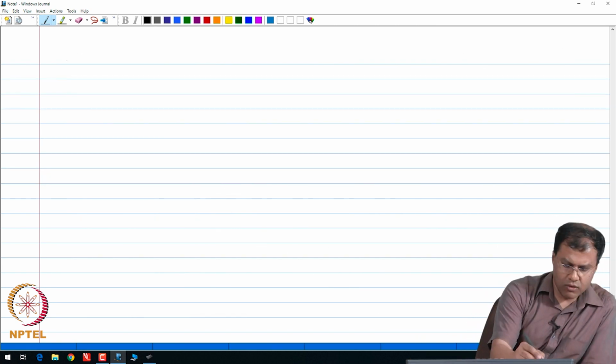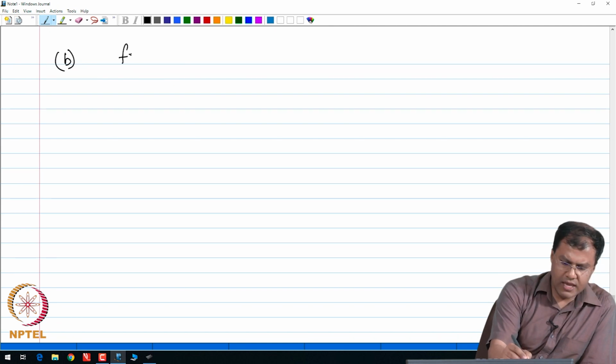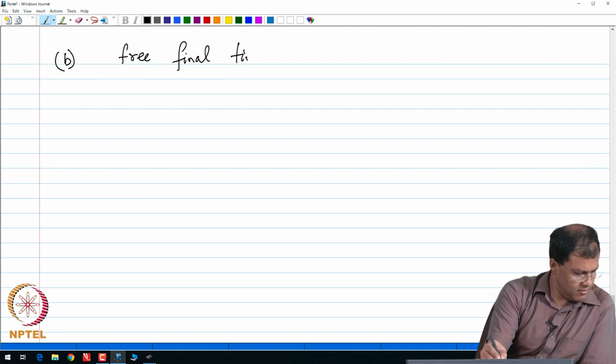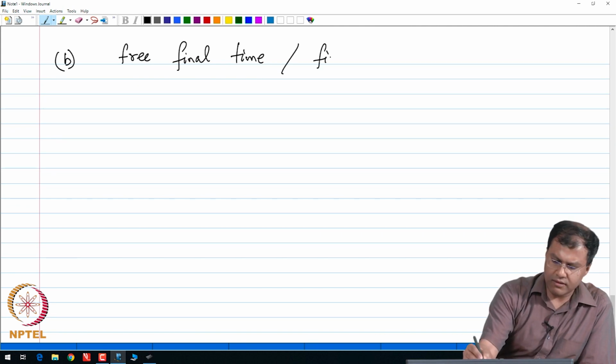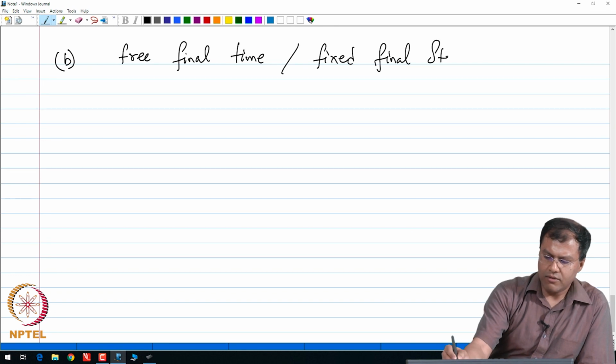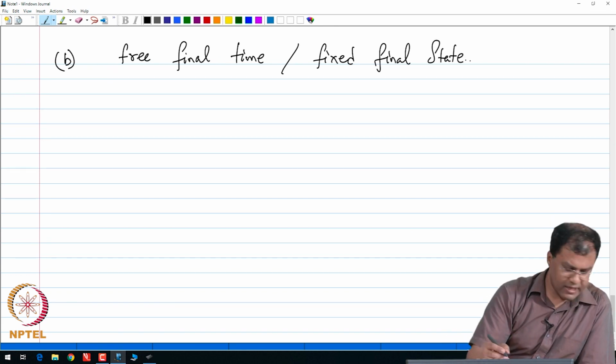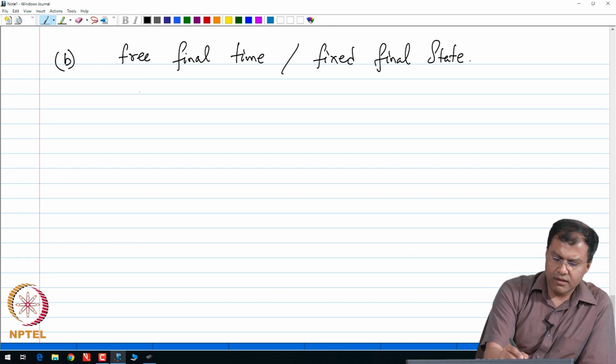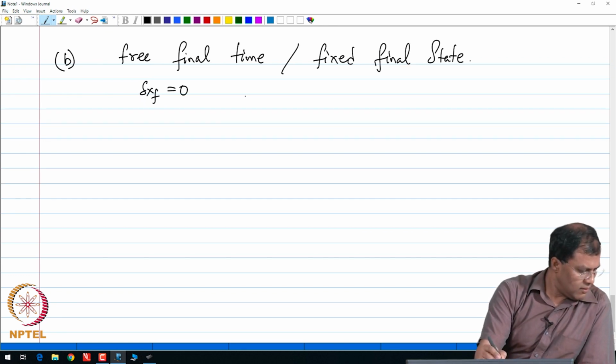Condition B is free final time and fixed final state. So, what we have is delta x f is 0 and delta T f of course is not 0.